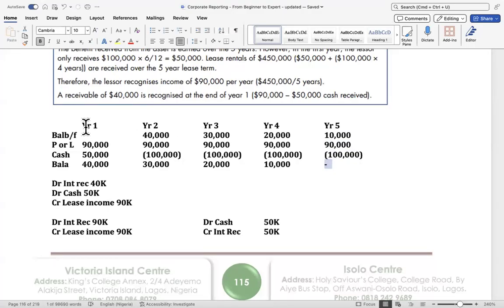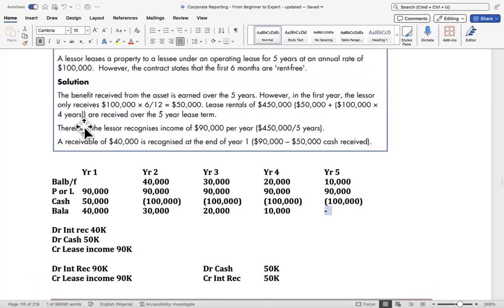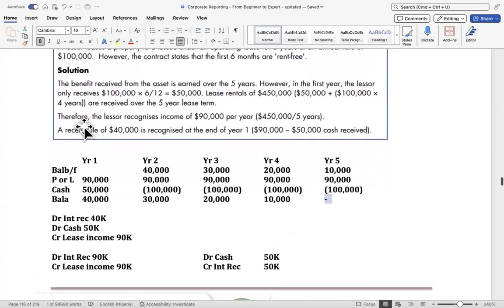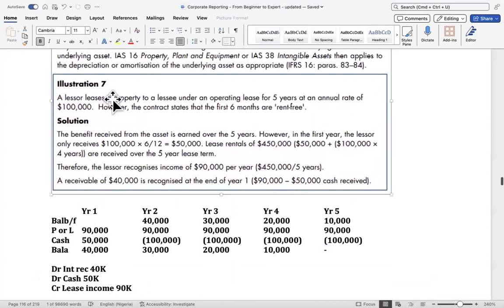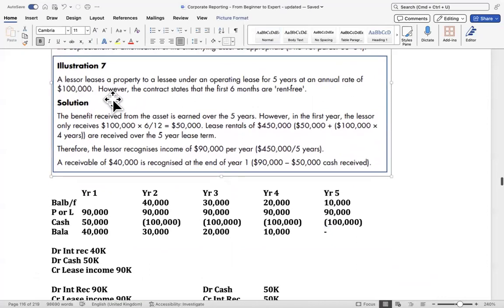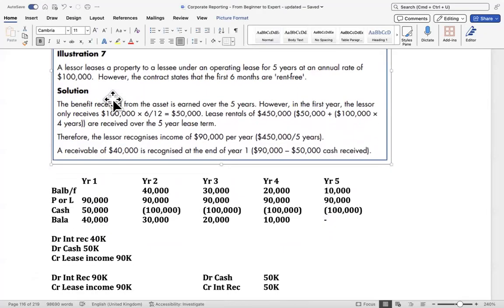So yes, operating lease is straightforward, meaning you recognize lease rental equally over the period, but this is a scenario I can give you in the exam. So you need to understand carefully that you still need to find a way to spread it equally.